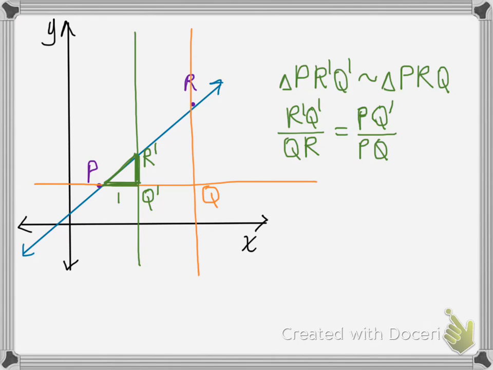So instead of R prime Q prime, I'm going to substitute M, because that is the slope.